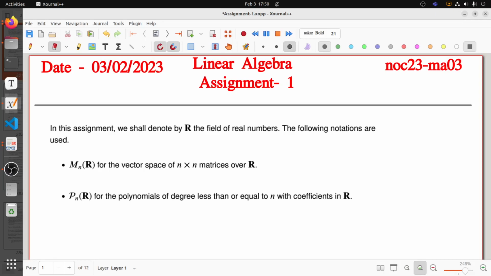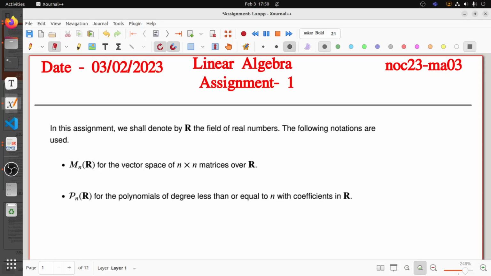And because P1 is in W, S of P1 is 1, right? This sum, a0 plus a1 plus a2 plus a3, is 1. Similarly for S of P2, this is 1. So we get S of P1 plus P2 is 2, not 1, right?